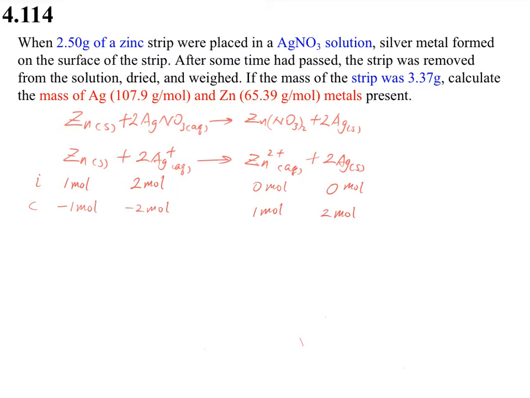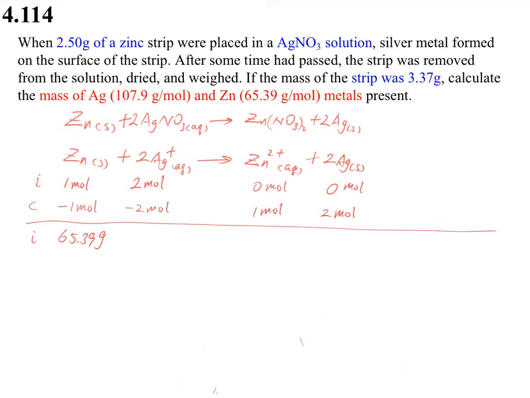Now let's look at the mass. The mass of 1 mole of zinc is 65.39 gram. Okay, this is the molar mass, it is the mass for 1 mole of zinc.